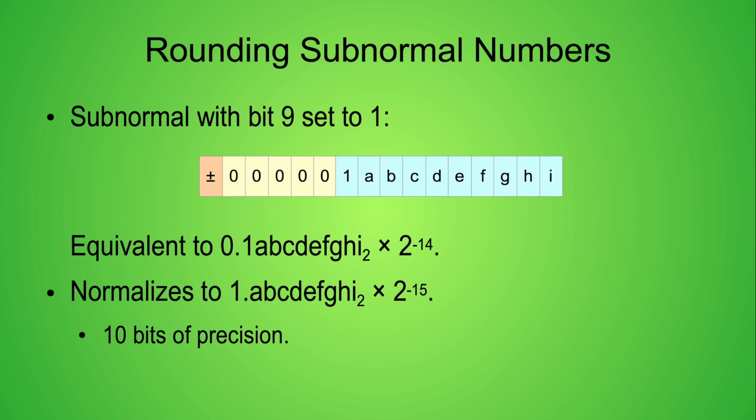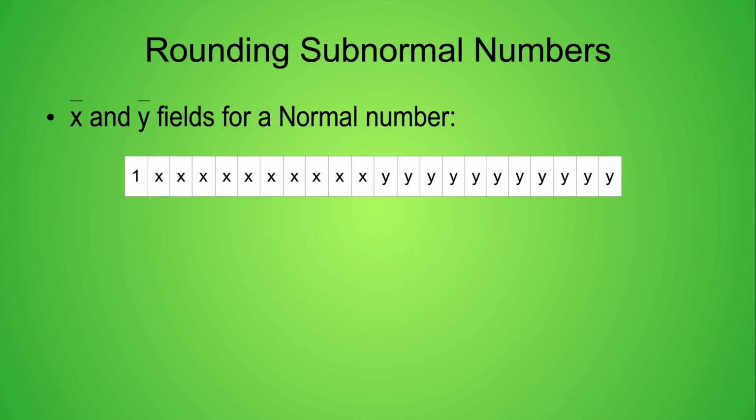In the Verilog code, which implements multiplying two binary 16 numbers, we need to multiply two 11-bit significands, yielding a 22-bit result. Let's assume that the result is also normalized, that is, its most significant bit is 1. If the exponent of the product indicates that the number is a normal number, then we split the 22-bit product into the leading 1 bit, x bar, and y bar as follows.